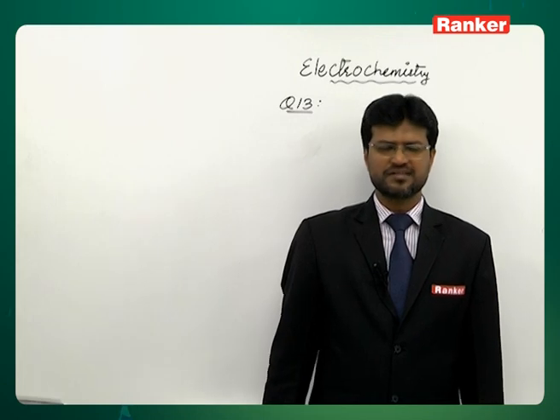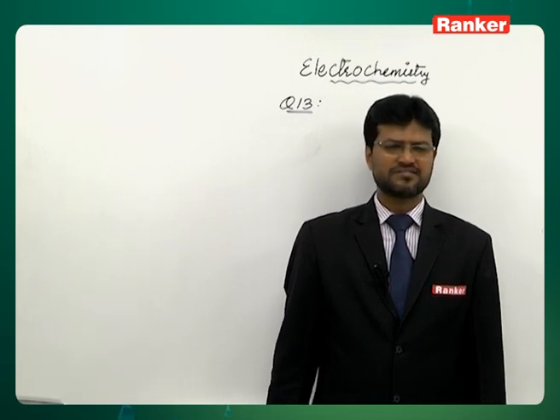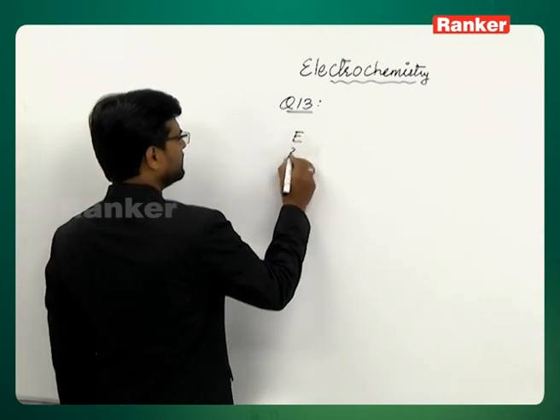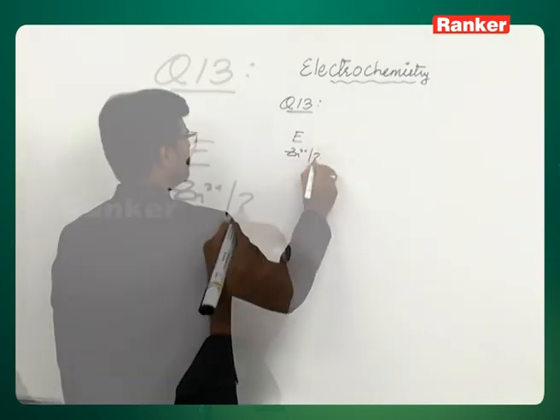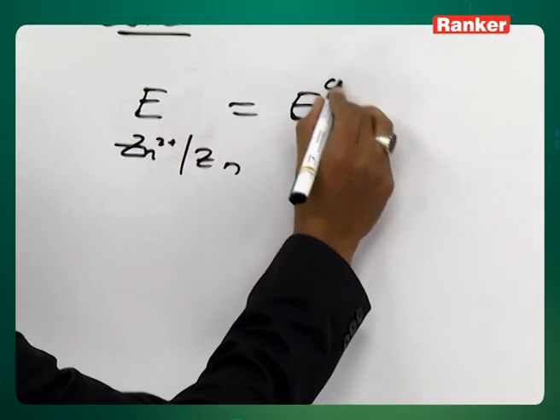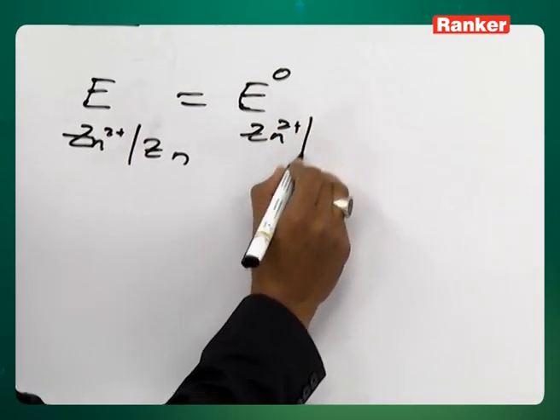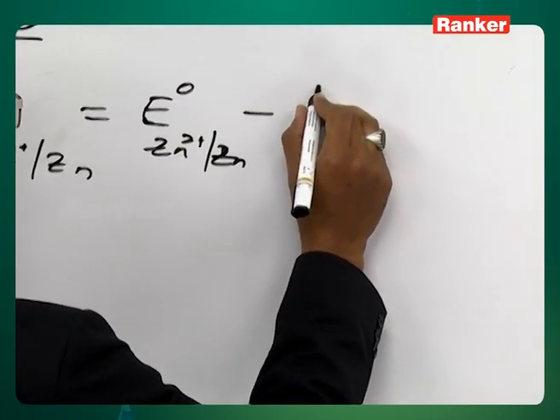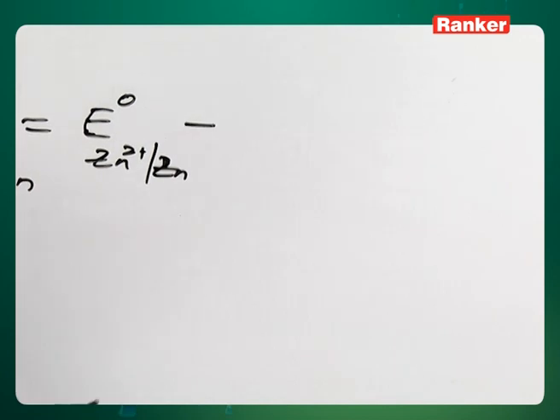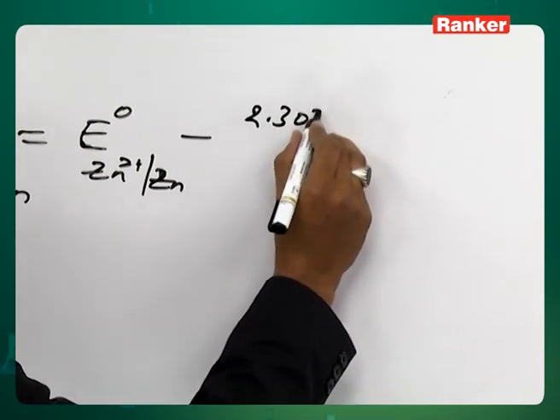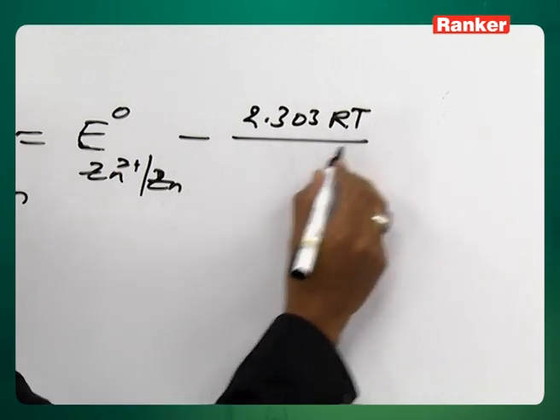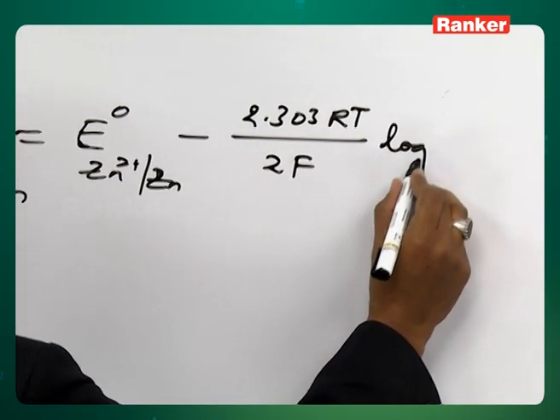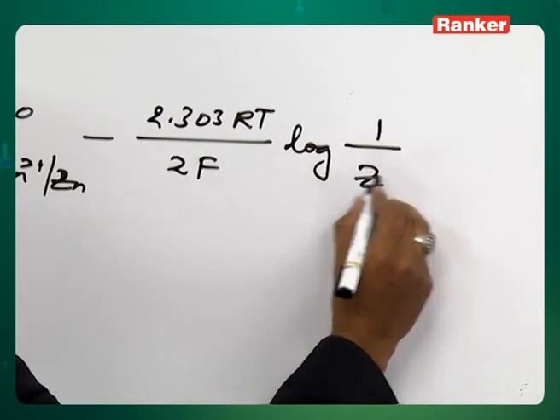The correct answer is third option. This is as per Nernst equation. E equals E Zn2+|Zn equals E° Zn2+|Zn minus 2.303 RT by nF. n is 2, so I can write it as 2F log 1 by concentration of Zn2+.